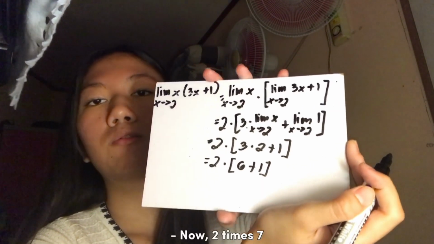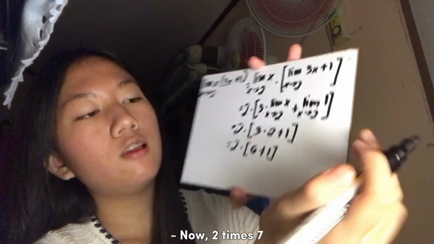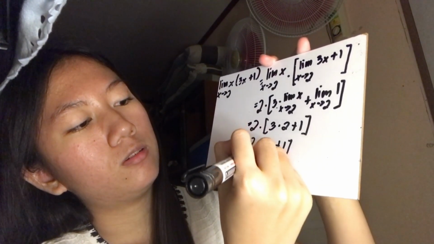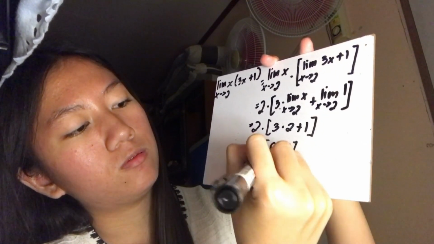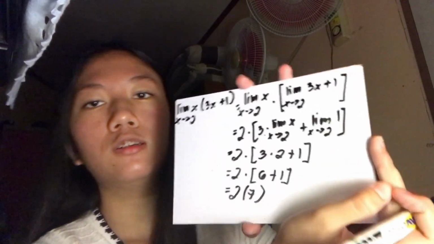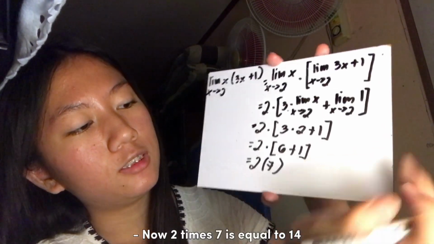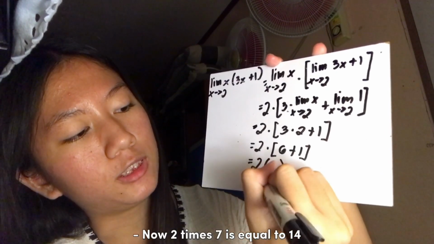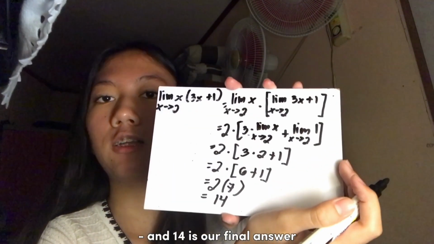Now 2 times 7, because of this 6 plus 1. Now 2 times 7 is equal to 14, and 14 is our final answer.